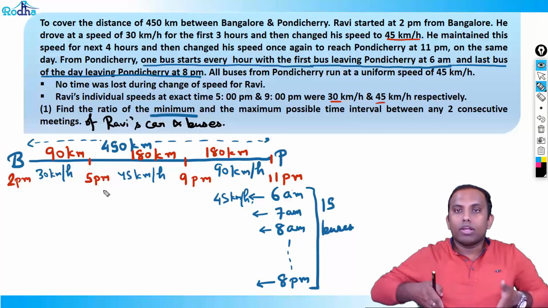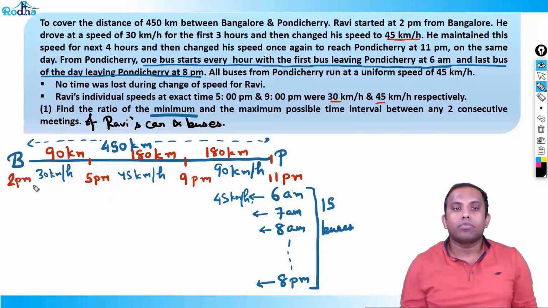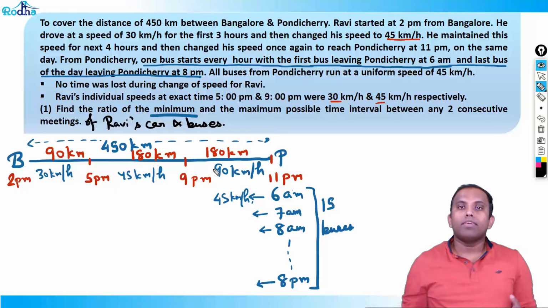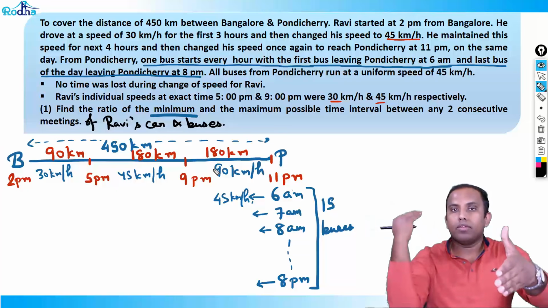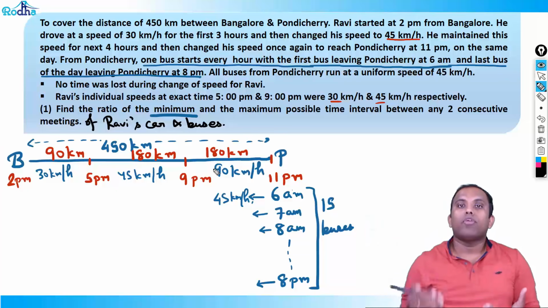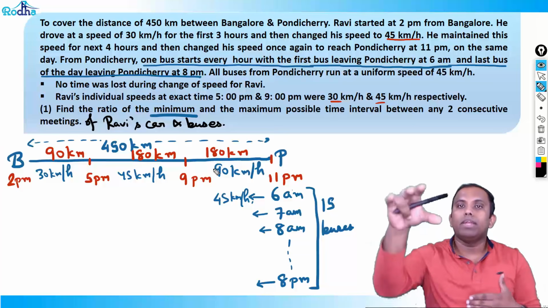Obviously Ravi is not going at a single constant speed: for the first 3 hours his speed is constant at 30, then for the next 4 hours constant at 45, then for the last 2 hours constant at 90. When Ravi's speed is faster, the buses will come very quickly, so the gap between any two meetings is reduced.